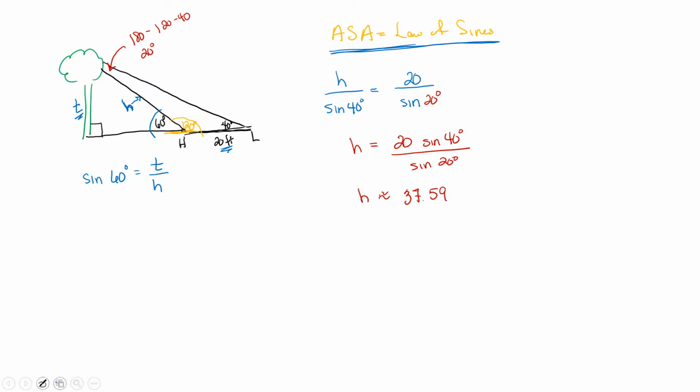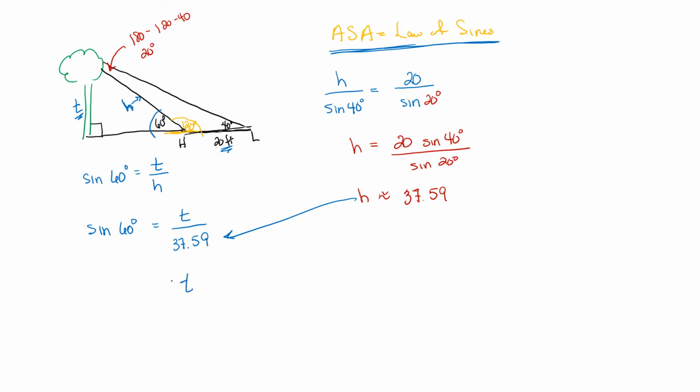So now that I have h, I can come back over here and I could say the sine of 60 degrees is equal to t over, and again, do not get rid of this in your calculator.